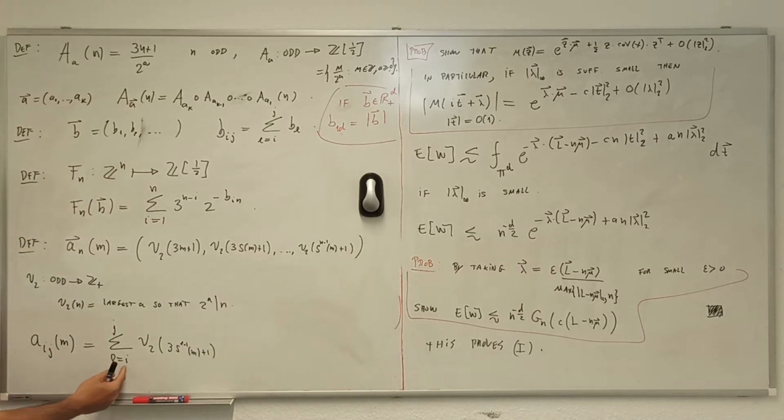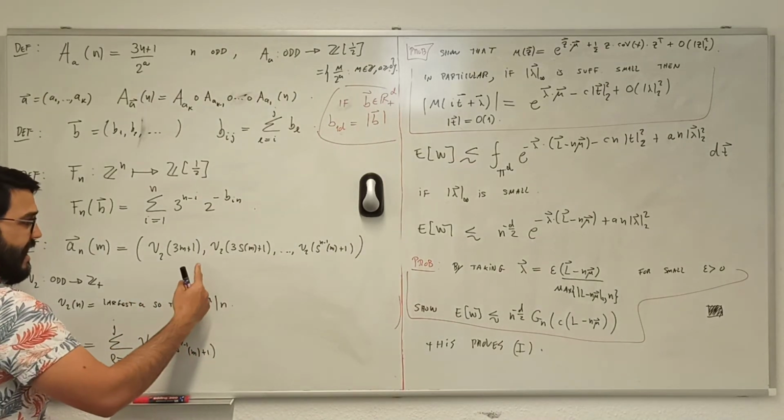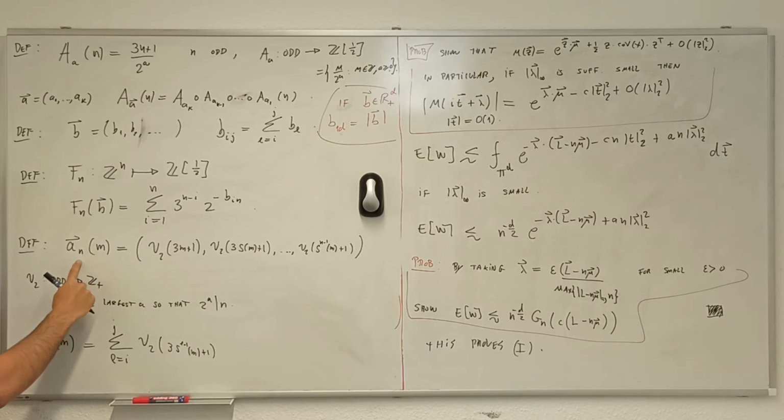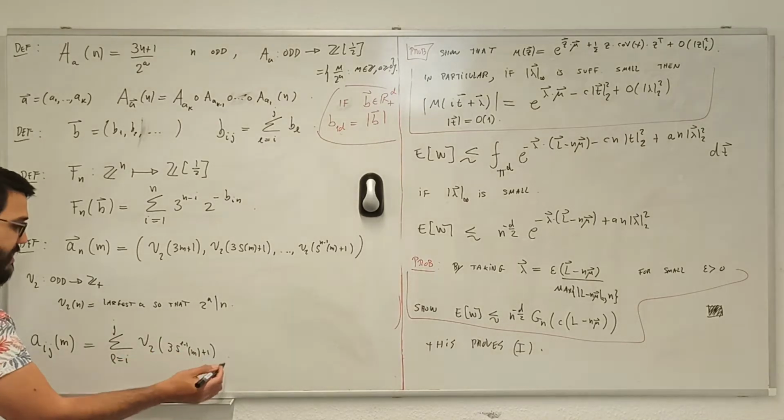So that would be just the partial sums of the i entry up to the j entry of the vector a^n of m. And when you do this, n doesn't matter anymore because this is a function by itself. It doesn't depend on n because you can do that for any i, any j. Okay, so that's the definition.